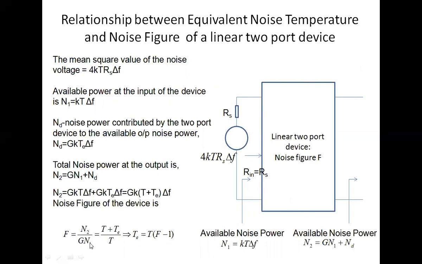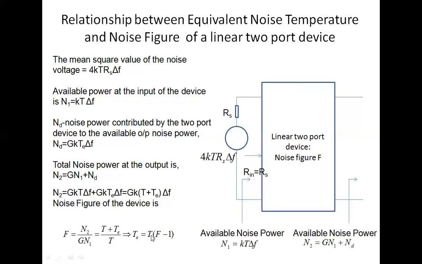So N2 divided by G N1 defines the noise figure, and we can substitute N2 as G k times T plus Te, times delta F, and G times N1 as G k T delta F. After simplification, F turns out to be T plus Te over T. This implies Te is equal to T into F minus 1. So this is the relationship between the noise figure F and Te, the equivalent noise temperature.